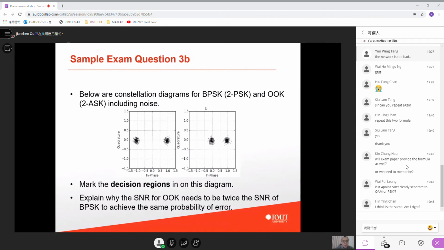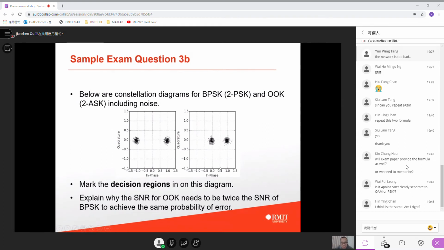So straight away, you're getting a BPSK here, and OOK, which is on-off keying, which stands for the binary, 2 levels only for the ASK. So it asks you what the decision regions are for the diagram. Simple, isn't it? You just straight away get the distance here, and then draw a line in between, the distance here, a line in between, and that's it.